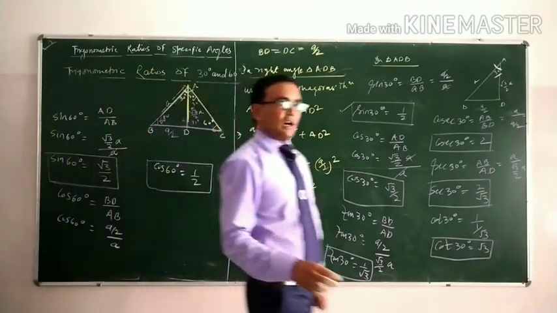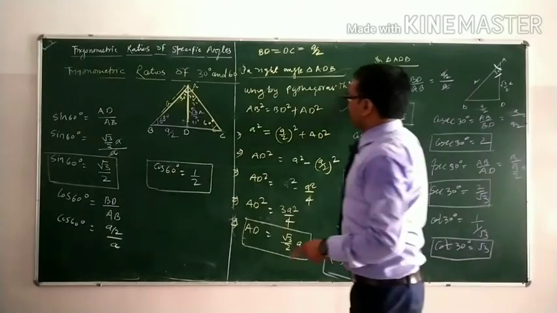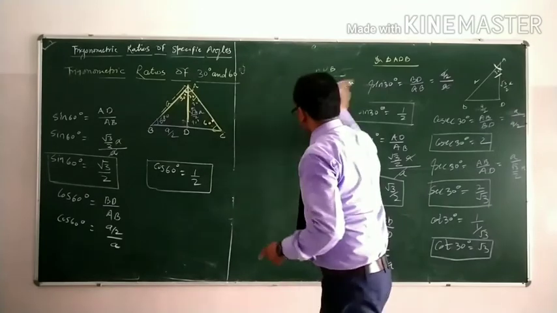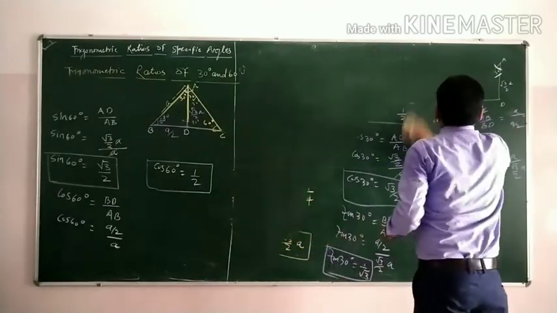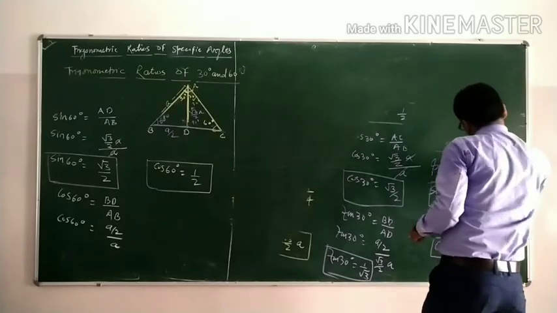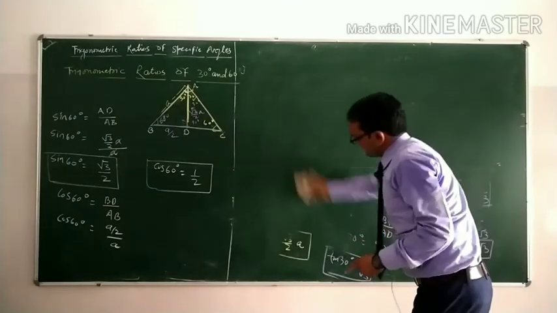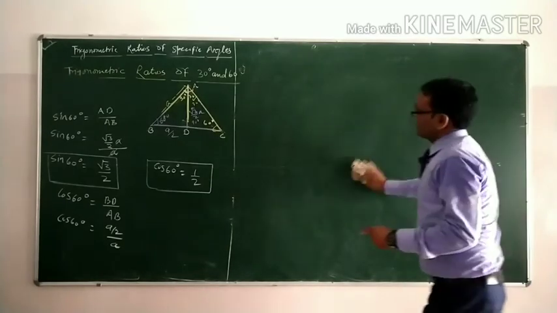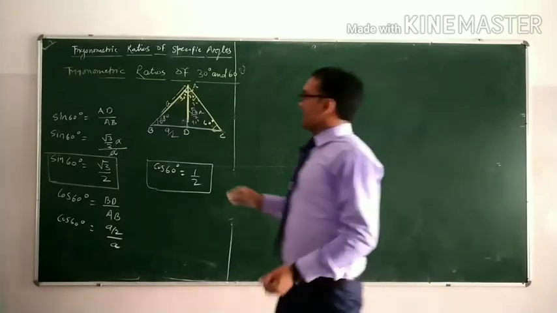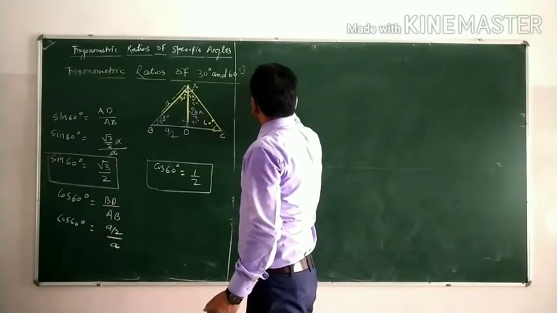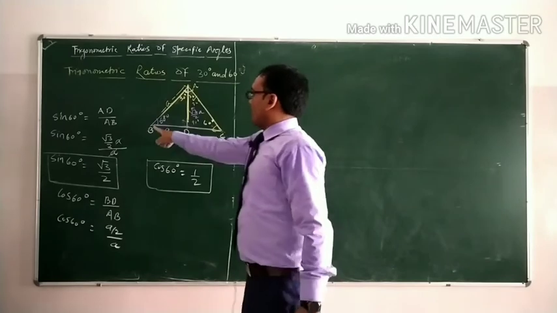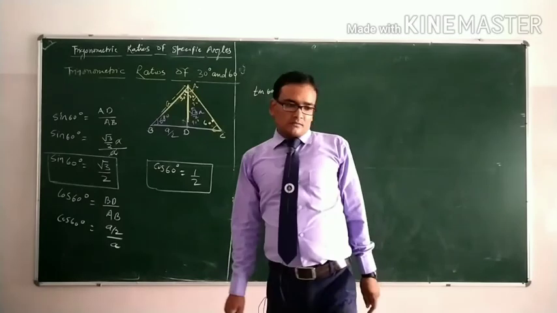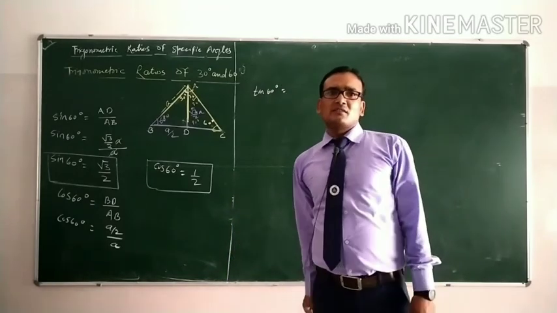Again we find the value of tan 60, cot 60, sec 60 and cosec 60. Okay students. Tan 60 degree for angle B: tan theta is perpendicular side upon base.